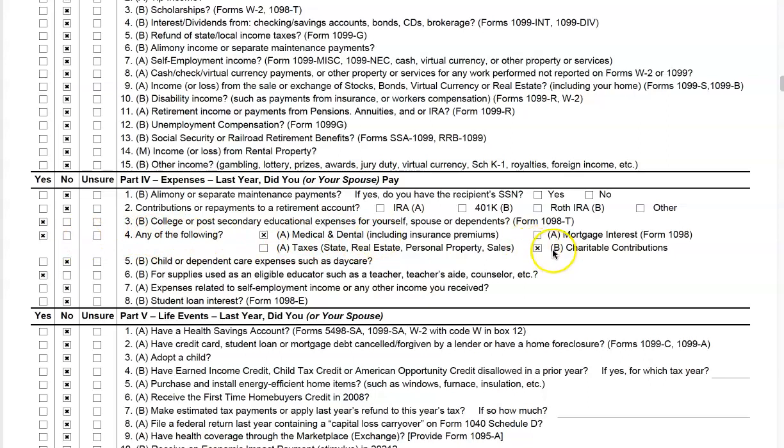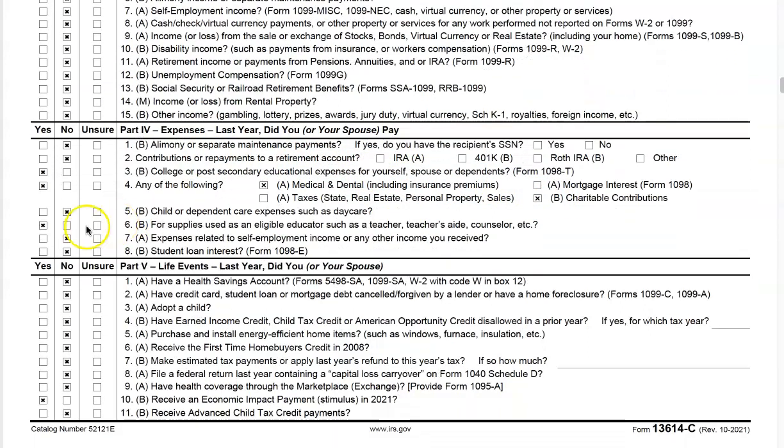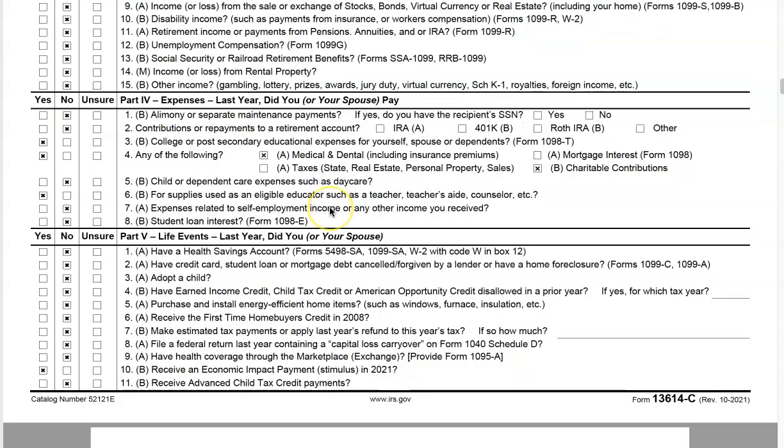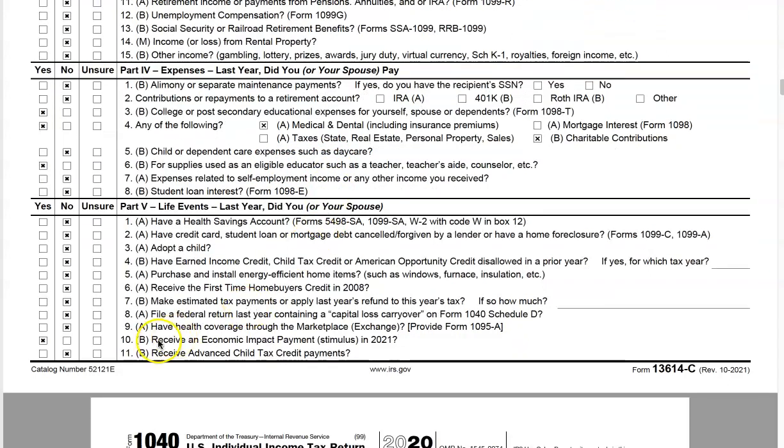But charitable contributions, we know the special provision for that in 2021, so we definitely want more information there. Supplies as an eligible educator, we saw that happening in the 2020 tax return. We want to get some more information on that. And receive an economic impact payment. Whether that's answered yes or no, we need to deal with that.